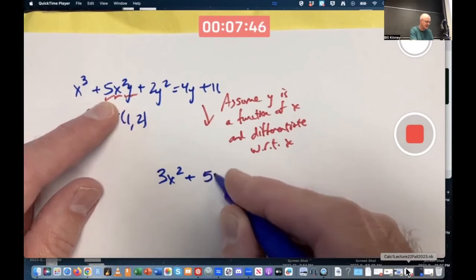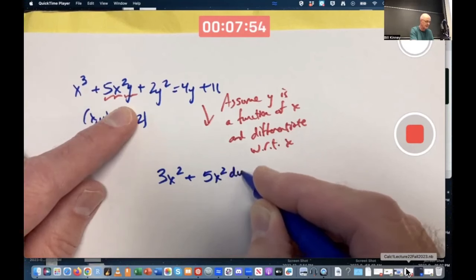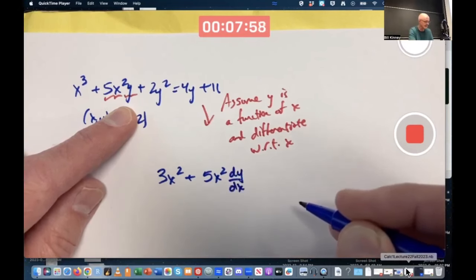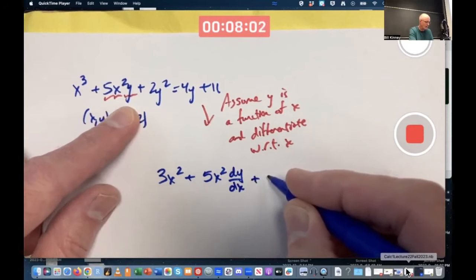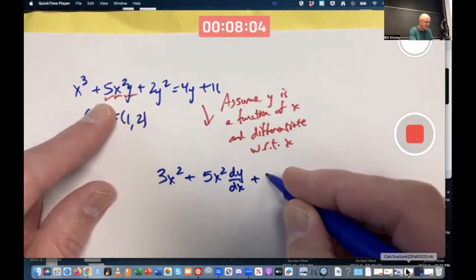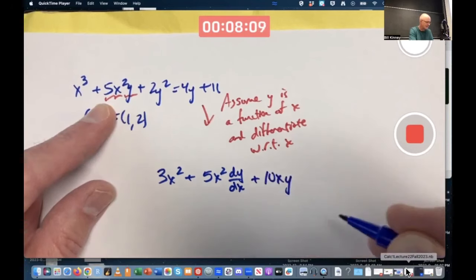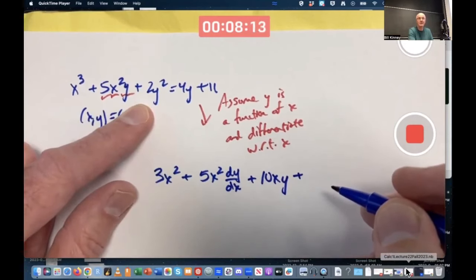Left, 5x squared, d right, what's the derivative of y with respect to x? Not 0. This is not partial derivatives here. I'm assuming y is a function of x, so the derivative of y with respect to x is dy/dx. Left d right plus right d left: the derivative of 5x squared is 10x, so that's y times 10x. With the next term, 2y squared, I need the chain rule.